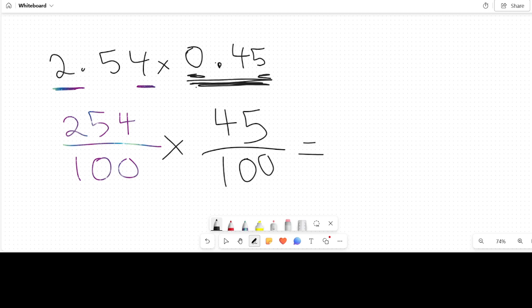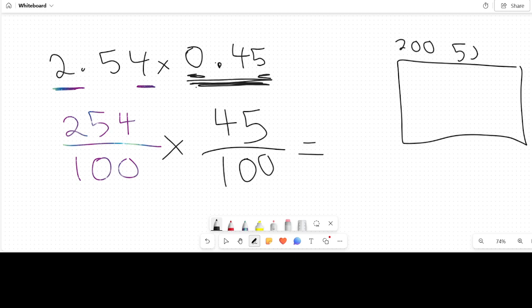Since my numbers are pretty big, I'm going to go ahead and do my area model off to the side. So 254, I see 3 digits, hundreds, tens, and ones. So I'm going to do the expanded form, 254, and then I'm going to do the expanded form of my second number, 45.